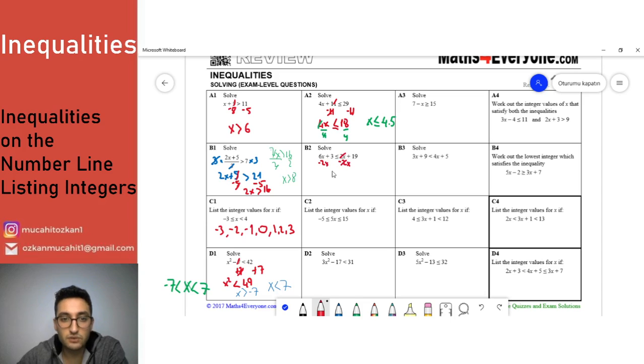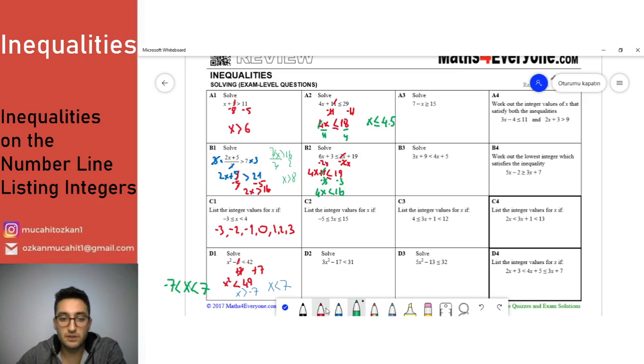They cancel each other out. 6x minus 2x is 4x plus 3 less than or equal to 19. Then I'm going to subtract 3 from both sides so that I can have just 4x is less than or equal to 16.